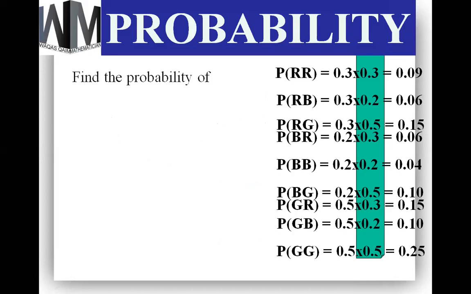Okay, now we are going to find the probability that the first marble is green. So this one is simple, 0.5.